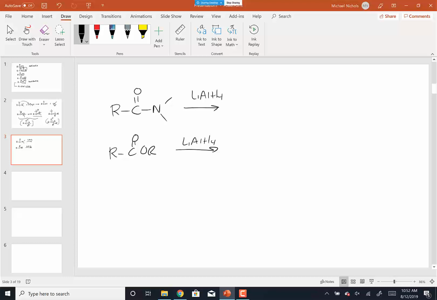Did we have to do that? On the test, did we have to do that? We had the option of doing lithium aluminum tri-tert-butoxy aluminum hydride.